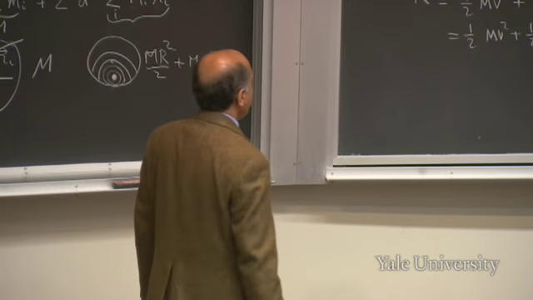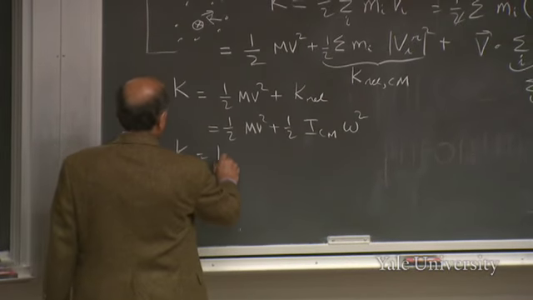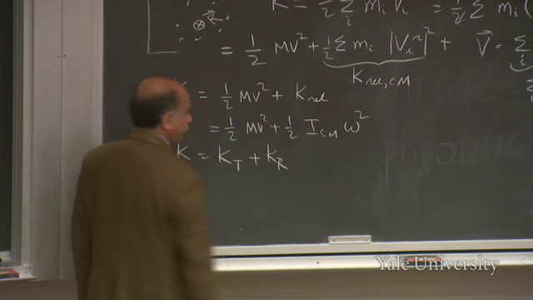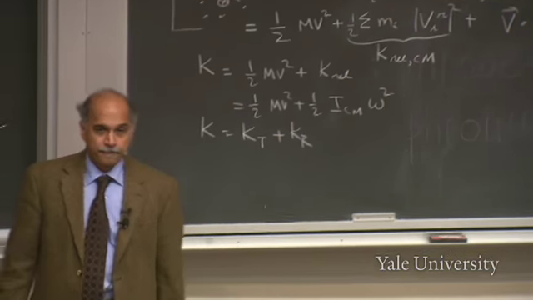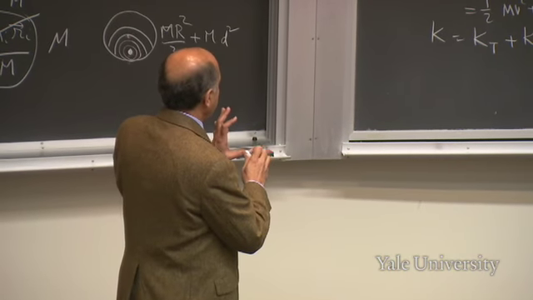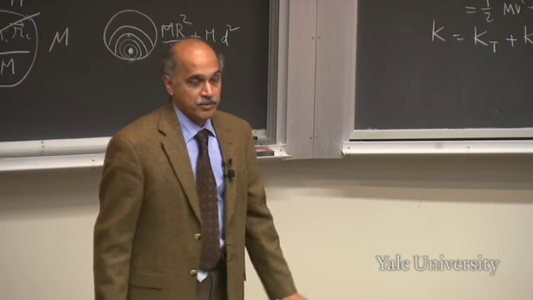So this is the statement that the kinetic energy is a sum of 2 terms, a translational part and a rotational part, provided you separate it as the kinetic energy of translation of the center of mass and rotation relative to center of mass.